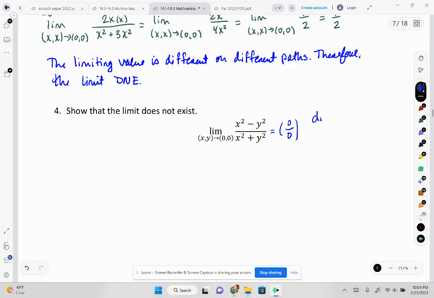So direct evaluation didn't help. I'm noticing that the numerator is a difference of squares, but it doesn't simplify with anything in the denominator, so algebra doesn't help. So direct evaluation and algebra do not help. So we have to try paths.